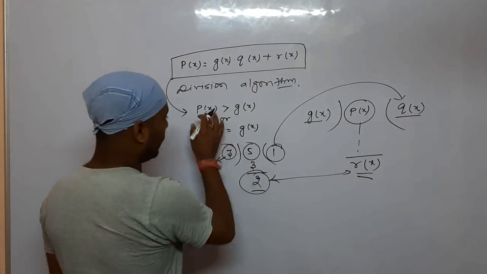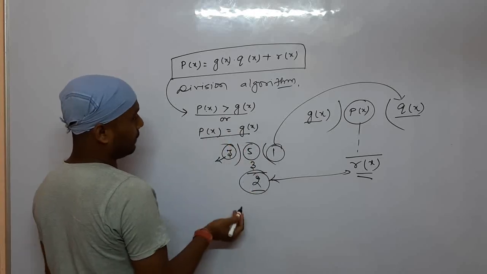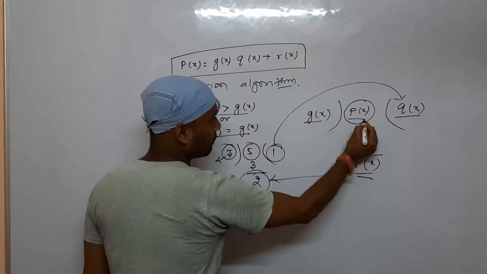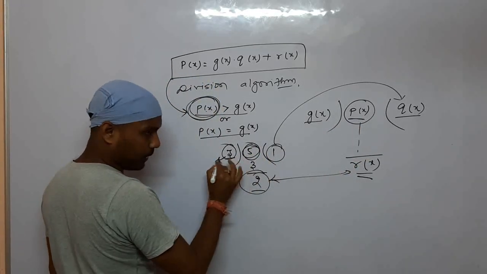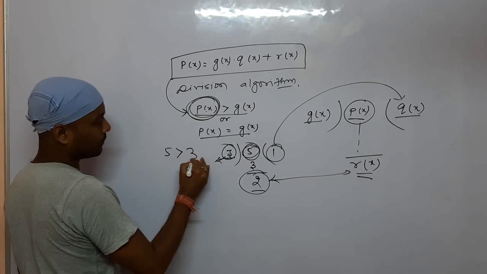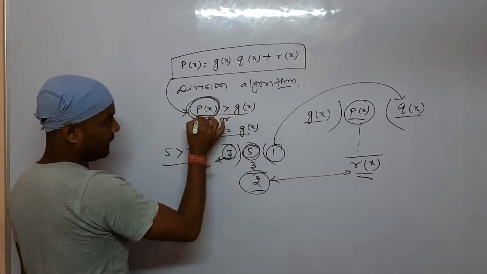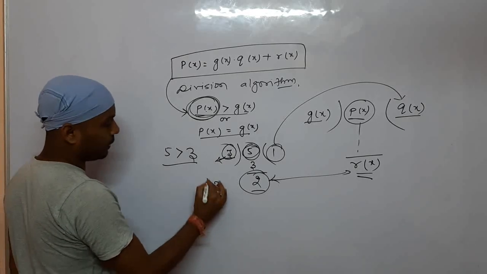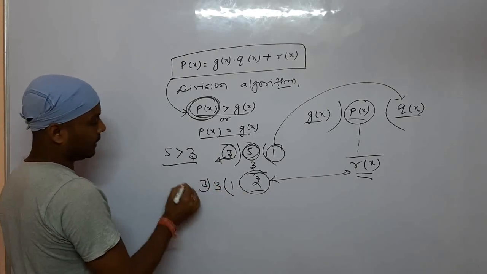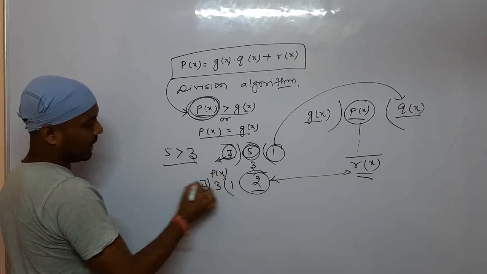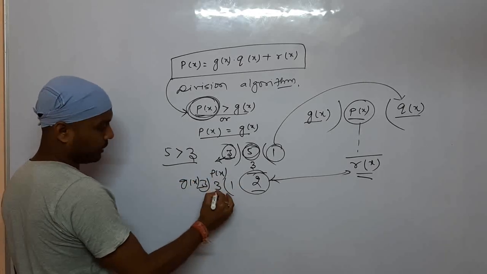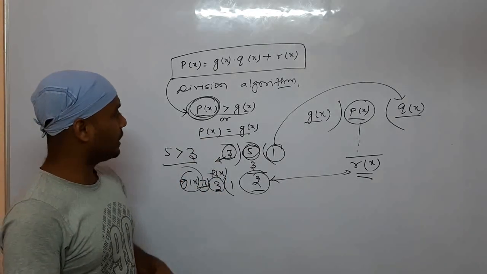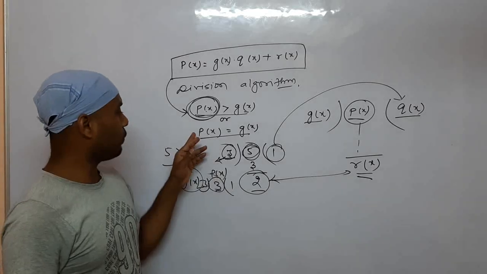If you compare these statements, here p(x) is divided by g(x), meaning 5 is divided by 3, so 5 is greater than 3. Or when you are told to divide 3 by 3 one time, it's your p(x) and it's your g(x), so both are equal. In this case we can say that p(x) is equal to g(x).